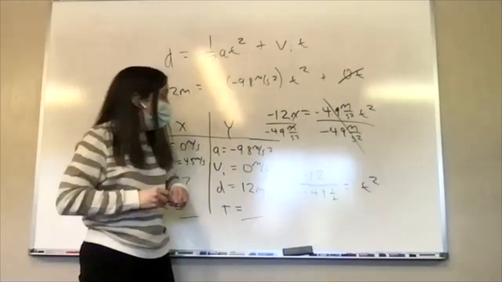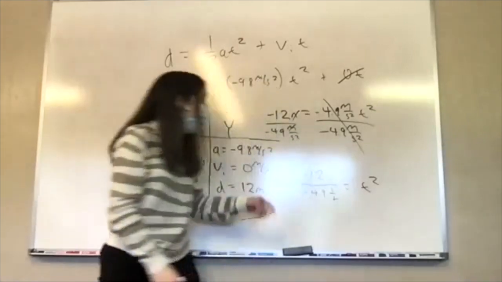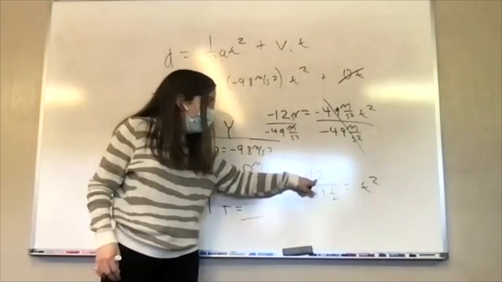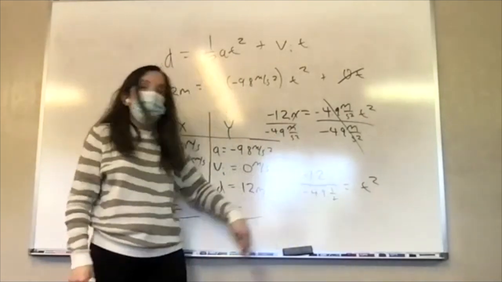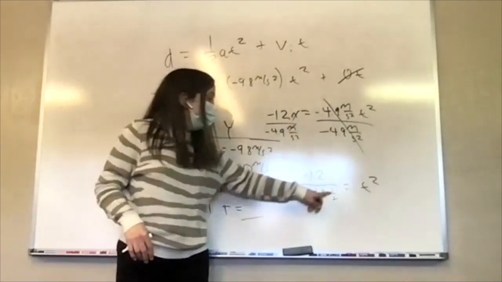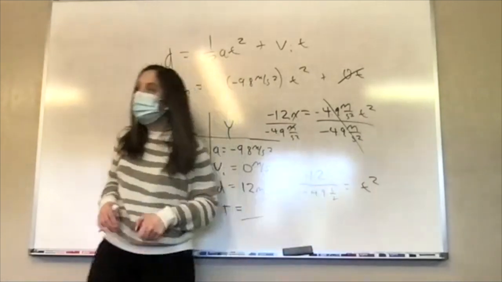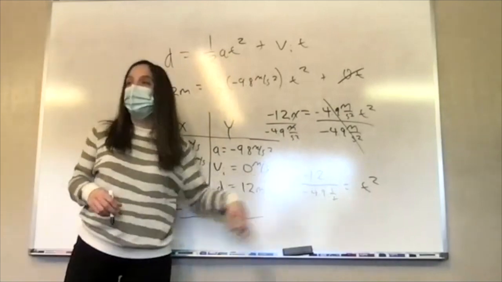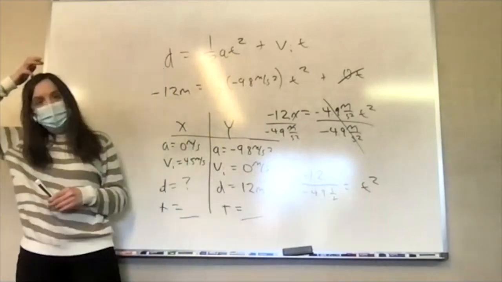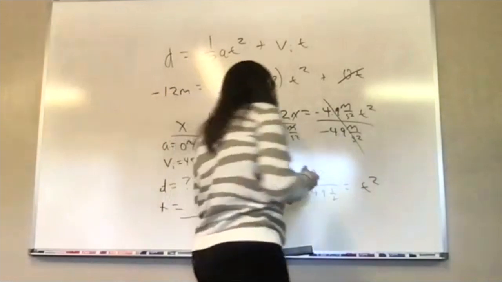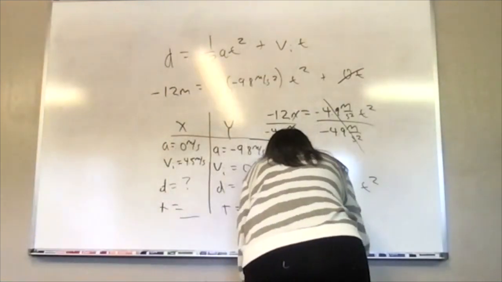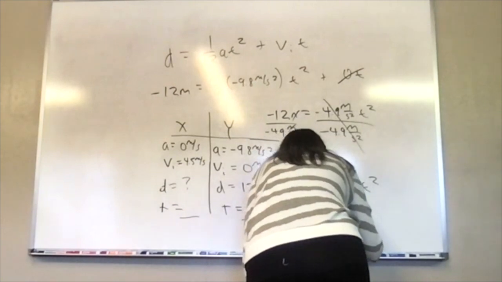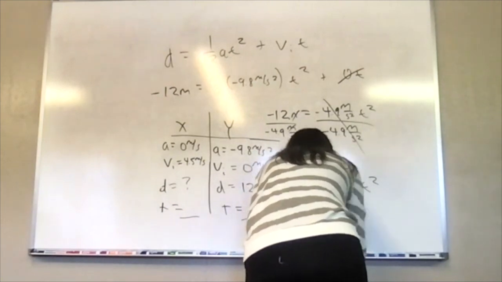Okay, so we now have -12. So meters canceled out up here. -12 over -4.9. The units right now is 1/t down there. What do we get when we do 12 divided by 4.9? 2.45. 2.45.